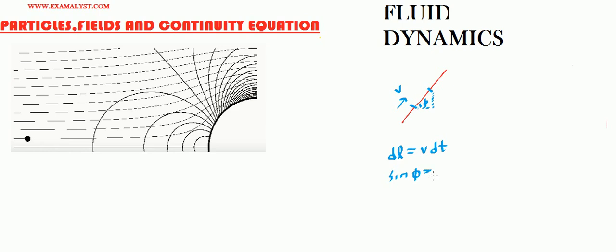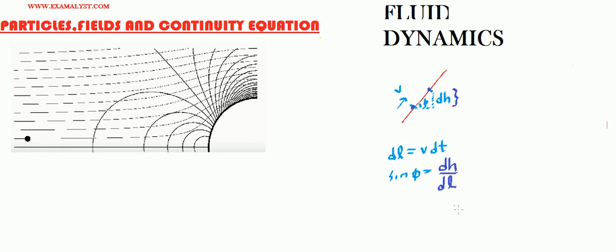Sine phi is equal to perpendicular, which is dh. dh is the height you moved through in time dt. You see, you went from this point to this point in time dt. So what is the height you covered? This is the height that you covered. So what is sine phi? Sine phi is perpendicular, which is dh, divided by hypotenuse. For this small triangle, the hypotenuse is dl.